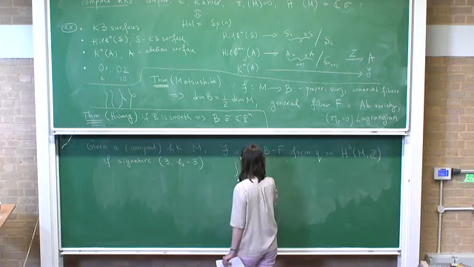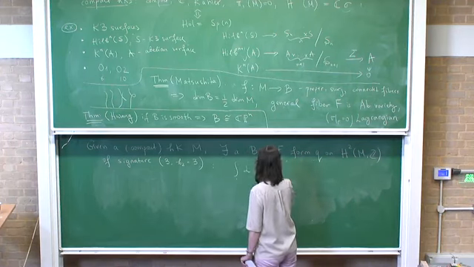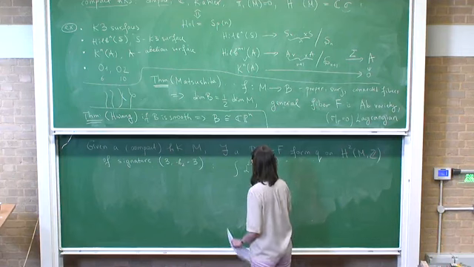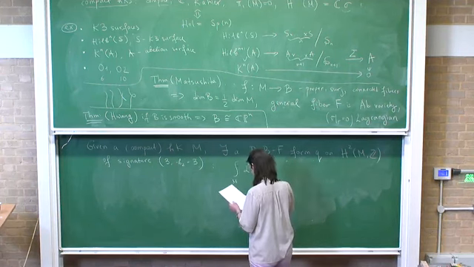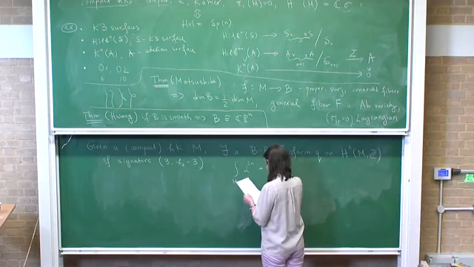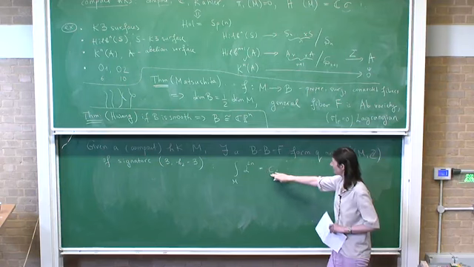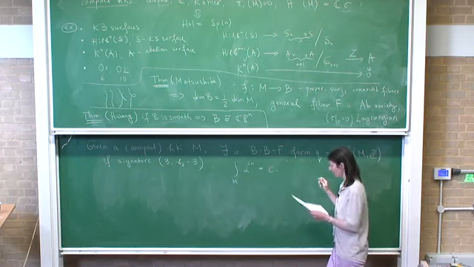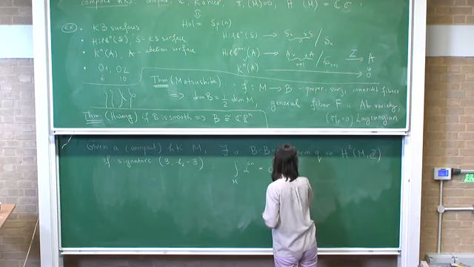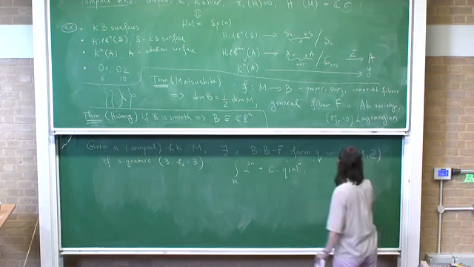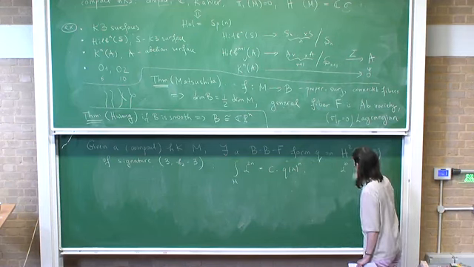So if you have a class alpha in H2, when you take alpha to the 2n, this is some positive constant c depending on the topological type of the hyperkähler, times q of alpha to the n.